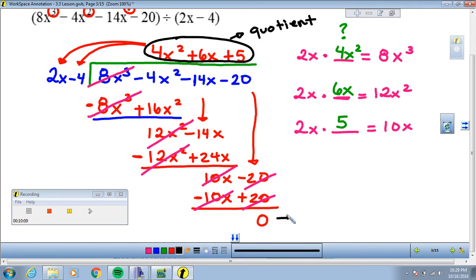Whatever is left at the bottom, sometimes it's 0, sometimes it's not. It's called the remainder, whatever is left. And then the outside part, it's called the divisor. The inside is called the dividend.